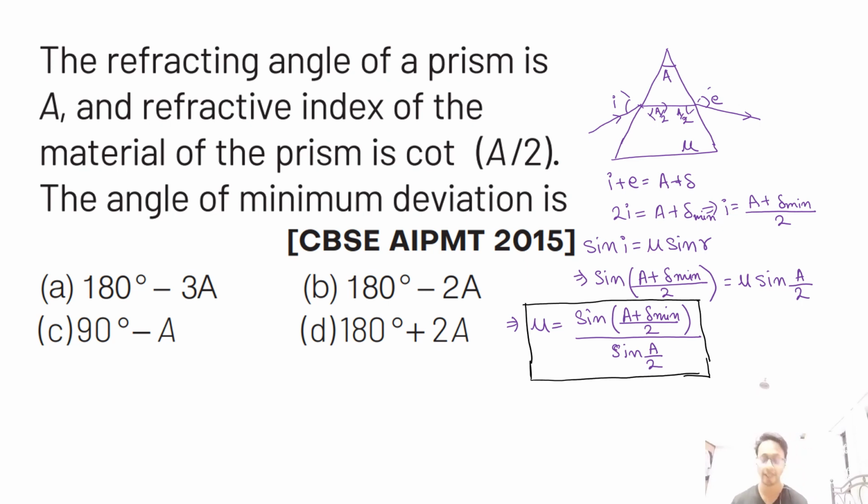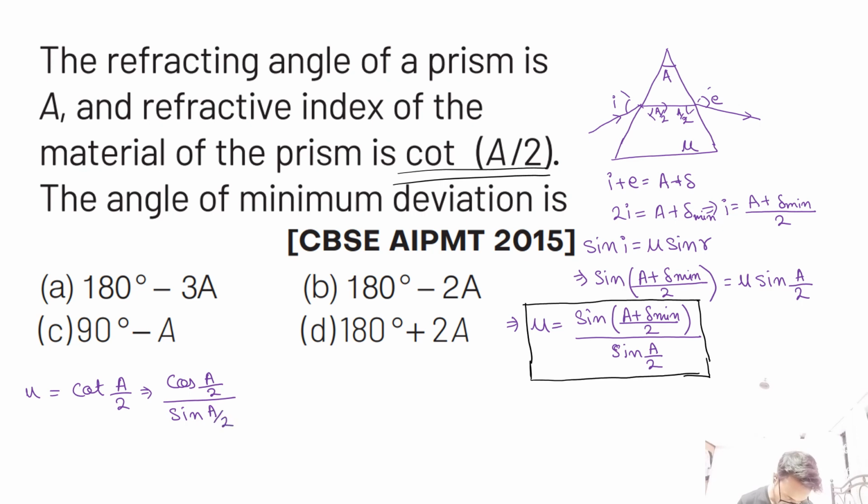Now mu is given as cot A by 2. So mu is cot A by 2. What is cot A by 2? Cot A by 2 is nothing but cos A by 2 divided by sin A by 2. And what is the value of mu?